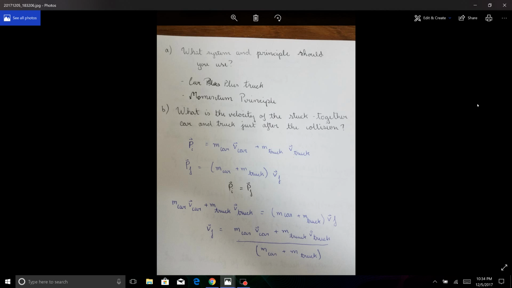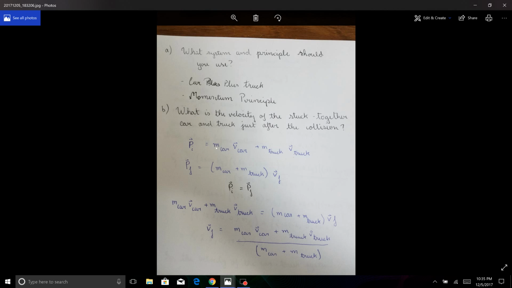And for part B, we are asked to find the velocity of the stuck together car and truck after the collision. Here, I started by finding the initial momentum and the final momentum. We know momentum is mass times velocity. Since there are two of them, it's mass of the car times velocity of the car plus mass of the truck times velocity of the truck.